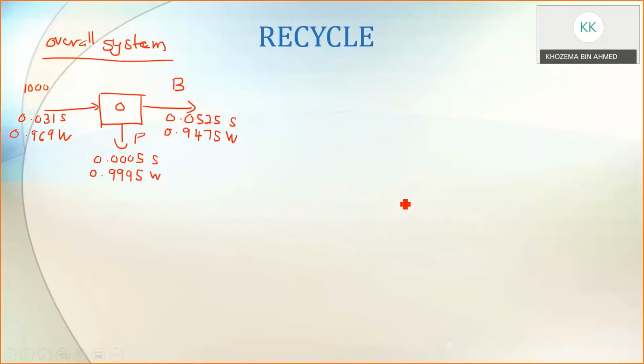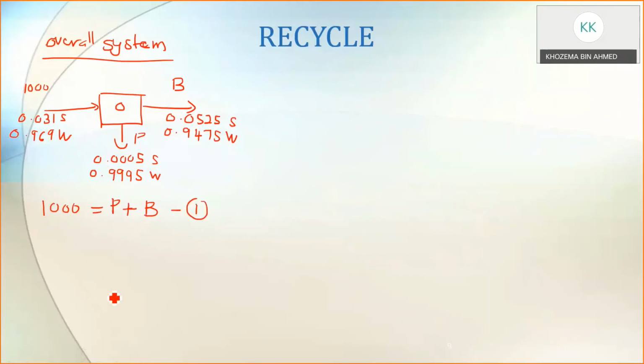If you look here, we have 2 unknowns and we have 2 independent equations, so we can solve for our P and B. So the overall balance will be 1000 is equal to P plus B. This is my first equation.